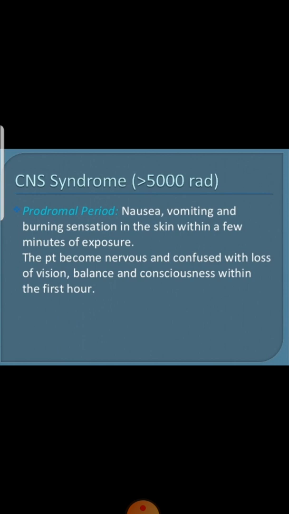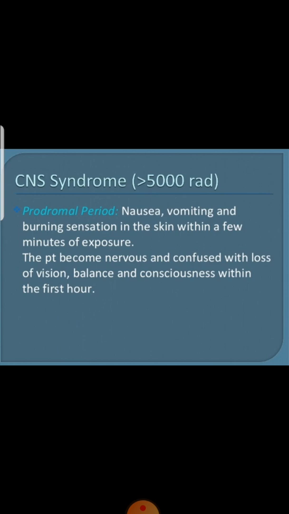And during this initial period, the victim may experience extreme nervousness and confusion, and the patient will also complain of a burning sensation in the skin. There will be loss of vision and loss of consciousness within the first hour.